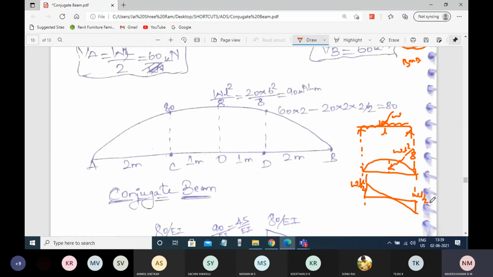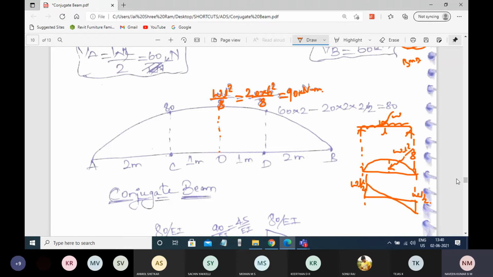So the maximum bending moment is WL square by 8, with W equals 20 and L equals 6 meter, so 20 times 6 square divided by 8. The maximum bending moment at the midpoint equals 90 kilonewton meter.